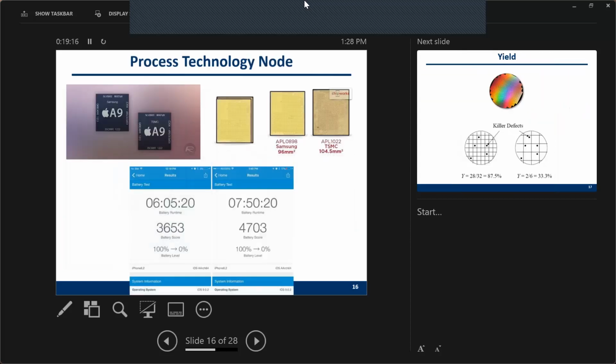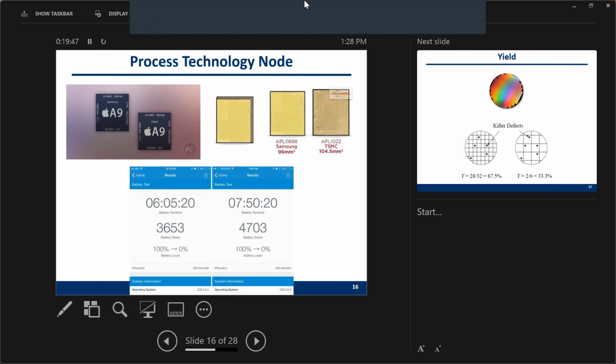So here is one real example, which is an Apple CPU. Apple designed a CPU, and because they need to fabricate it very fast, they asked 2 different companies to synthesize and fabricate the same chip: one is Samsung, and the other one is TSMC.